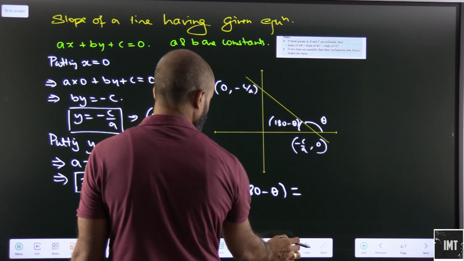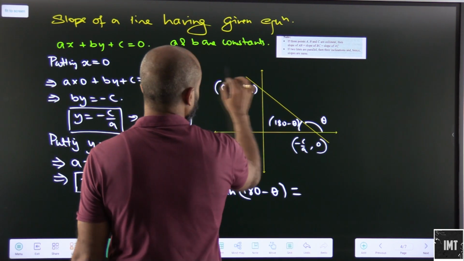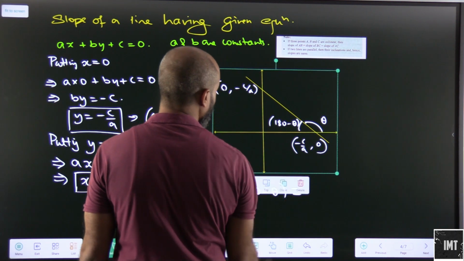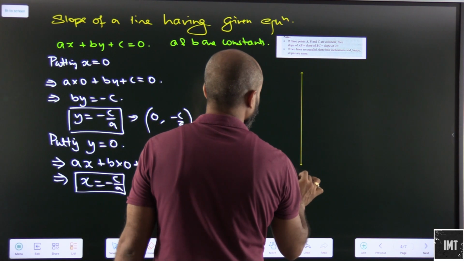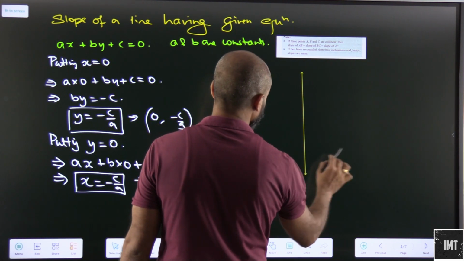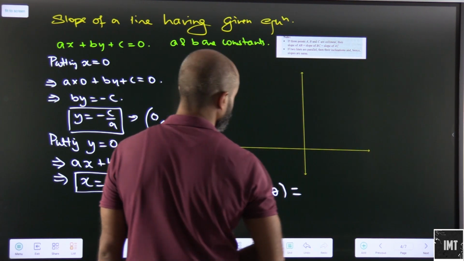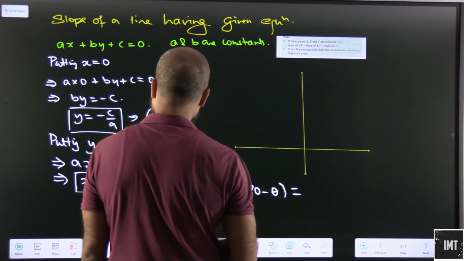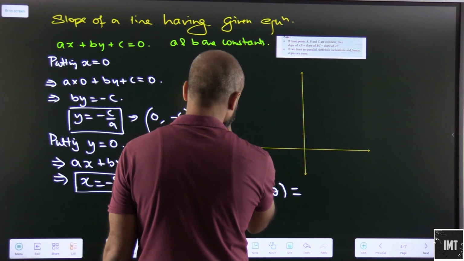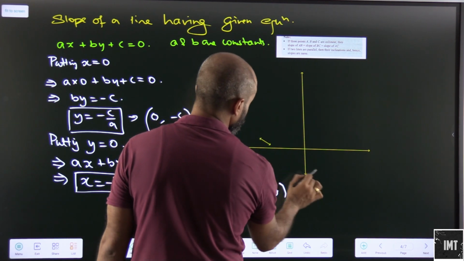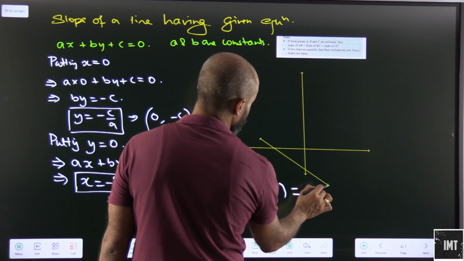This is the wrong figure that we have drawn. So we will have to draw it like this. The line will be something like this.